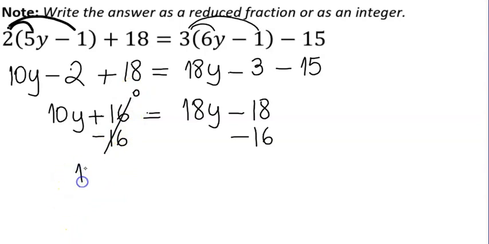Then the left side now only has 10y. And the right side now has negative 18y. You're going to add those two numbers, both negatives. You add them and keep that negative sign. Now what do you guys want to do? You can read both ways.